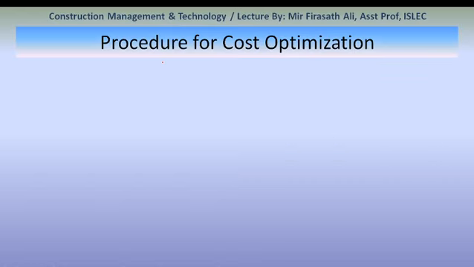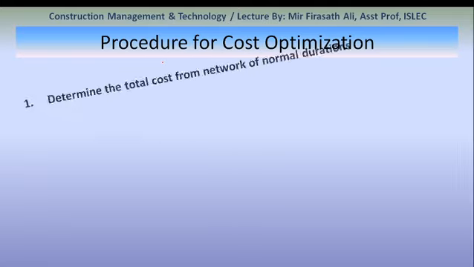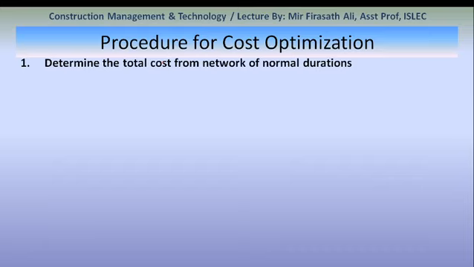Before beginning the numerical example, let us see once again what is the procedure for cost optimization. It is as follows. The first step is to determine the total cost from the network of normal durations. The next step is to calculate the cost slope of all activities.